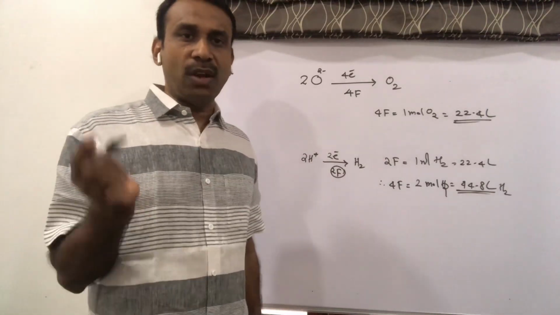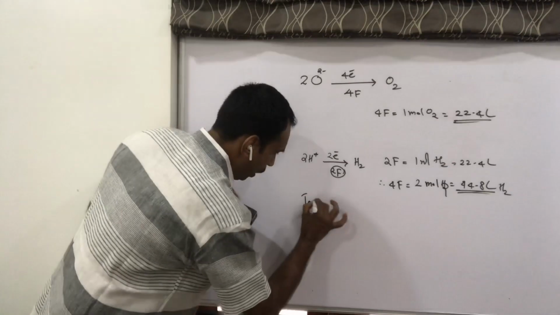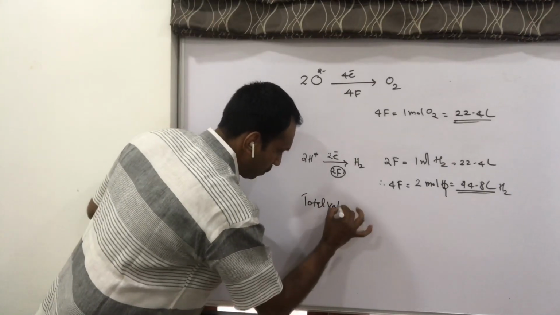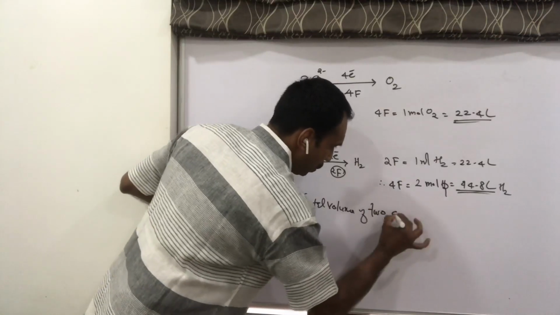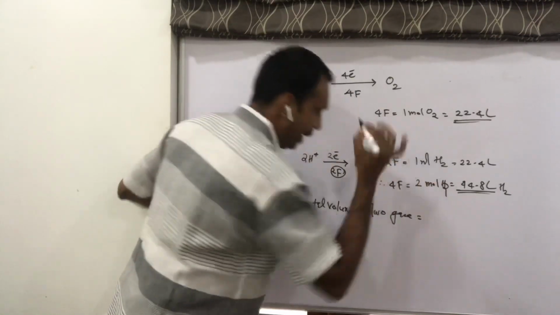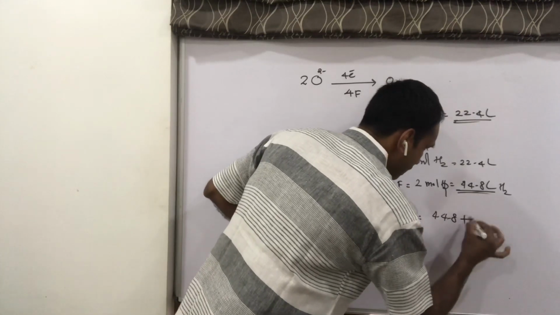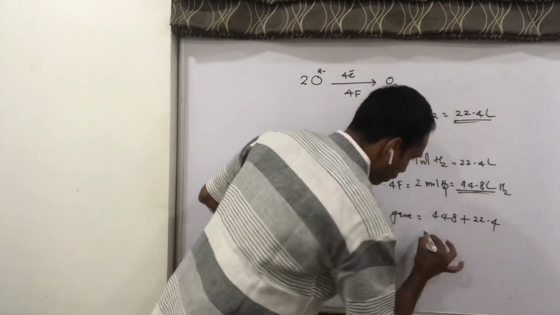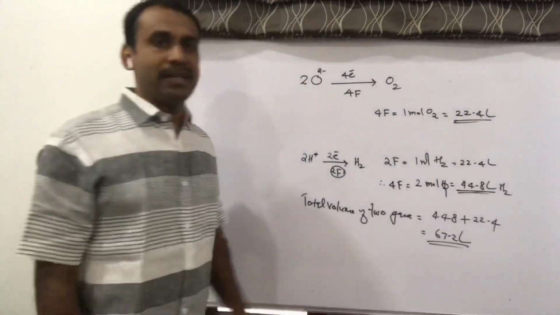Question: what is the total volume of 2 gases collected? So I write total volume of 2 gases equal to 44.8 plus 22.4, total 67.2 liter is the correct answer.